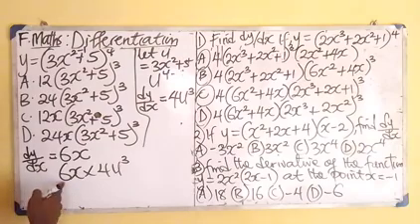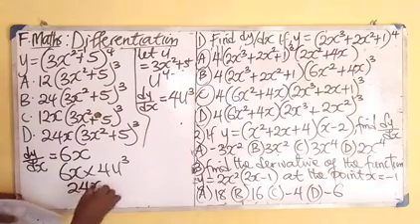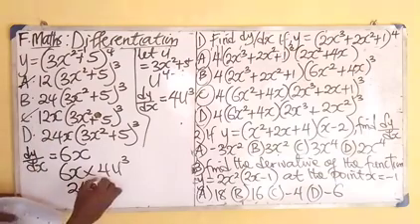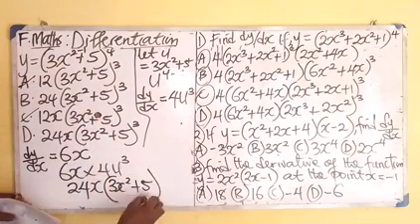I'll have the same thing. 6 times 4, I have what? 24x. Meaning that this option and this option, they're out already. Then, put the value of u, which is 3x squared plus 5 all raised to what? 3. So this becomes the final answer.